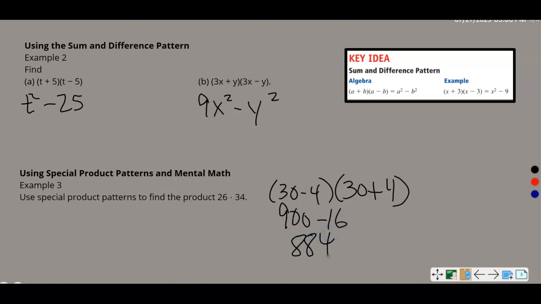So you can do this using mental math if you can rewrite this in easy numbers to multiply. Because that's 4 less than 30 and that's 4 more than 30, we know that we can write that as a sum and difference pattern. When multiplying large numbers, you should always look for an easy way to multiply those quickly.